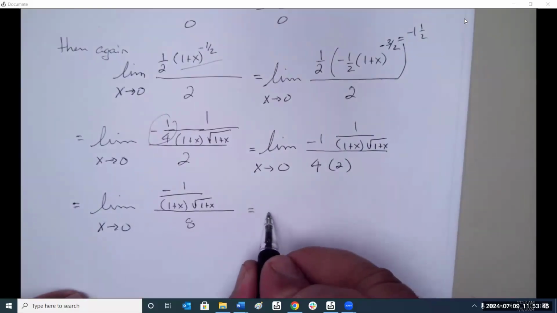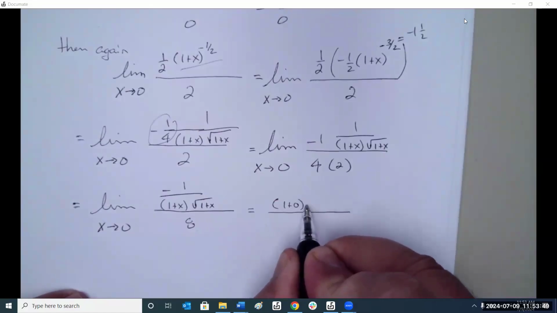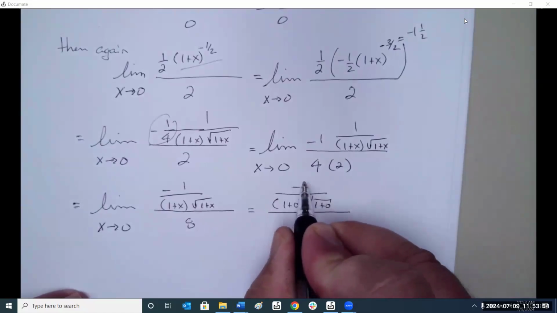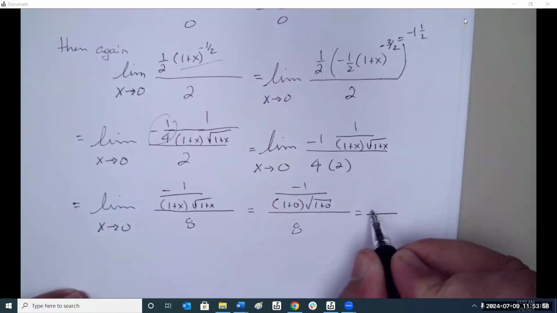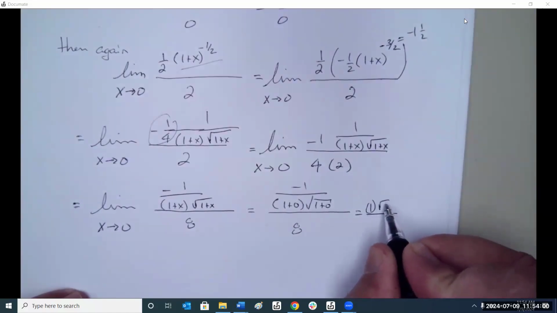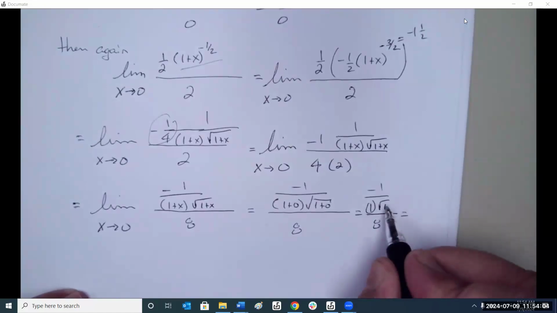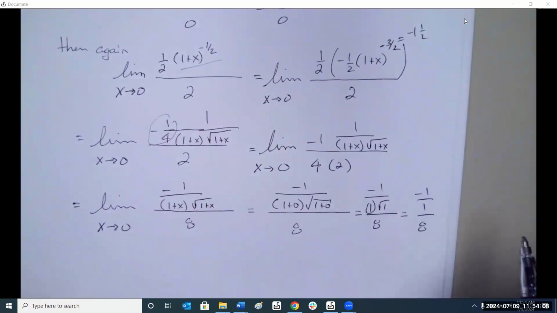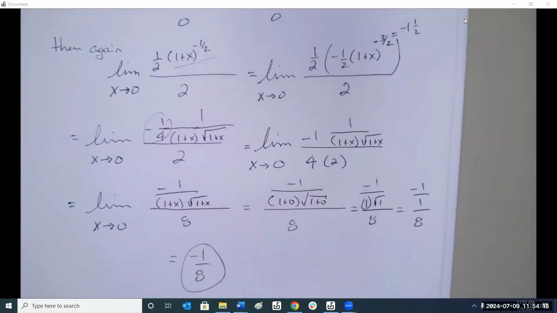Plug in 0. 1 plus 0, square root of 1 plus 0. One times square root of 1. Negative 1/8.